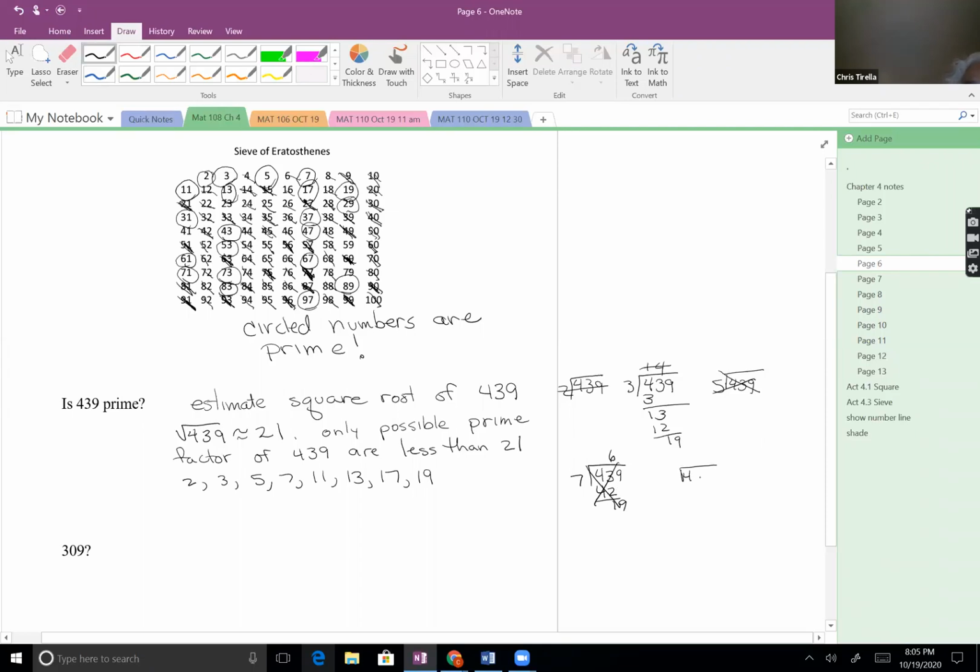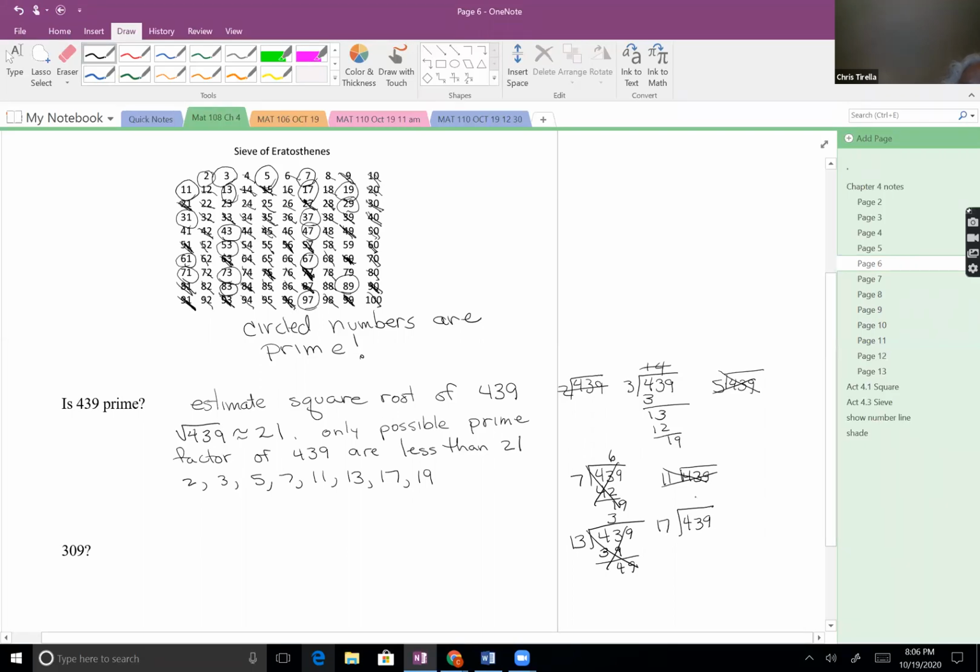If I take 439, don't think it's going to be divisible by 11. If I take 439, see, is it divisible by 13? 13 times 3 is 39. 13 doesn't go into 49 evenly. Can I divide it by 17?